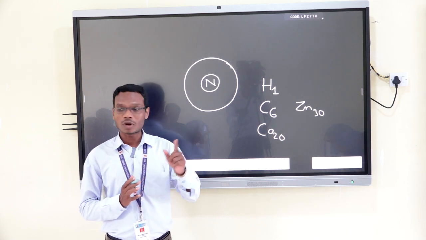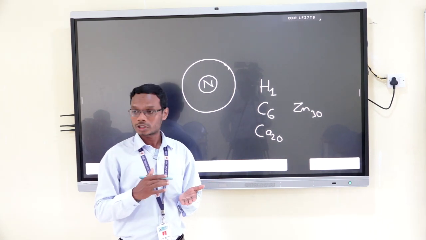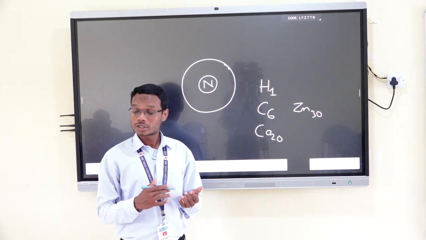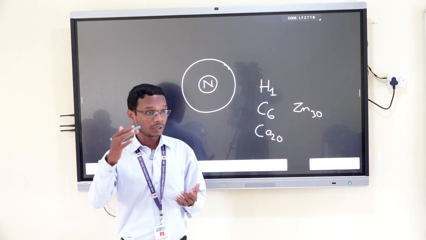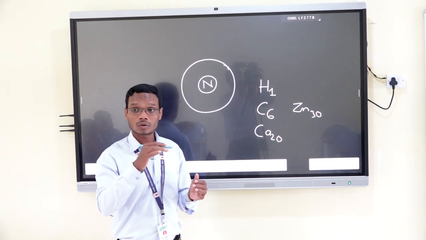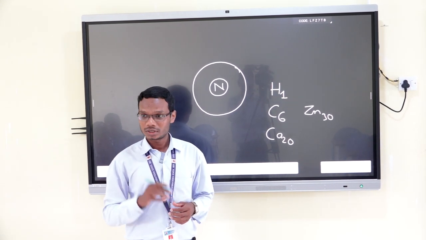Suppose you have only one book, then your arrangement style is different. Suppose you have 10 books, then the arrangement style is different. Suppose you have 30 or 50 books, then your style is different. And when you go to a library, that is different. Obviously, yes or no?